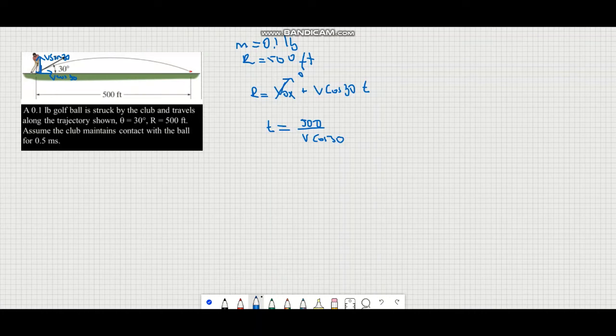The second thing is, because we have two unknowns but only one equation, we need another equation.